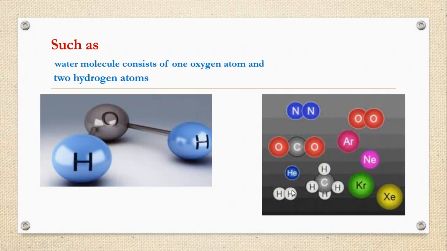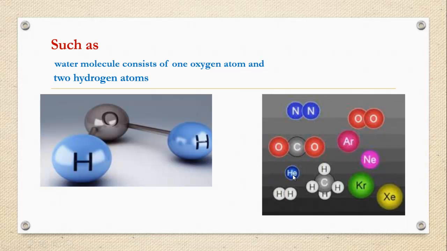Hydrogen consists of two similar hydrogen atoms, so this molecule is called a molecule of an element. What about He, helium? This molecule consists of one atom, so this substance is called an element.